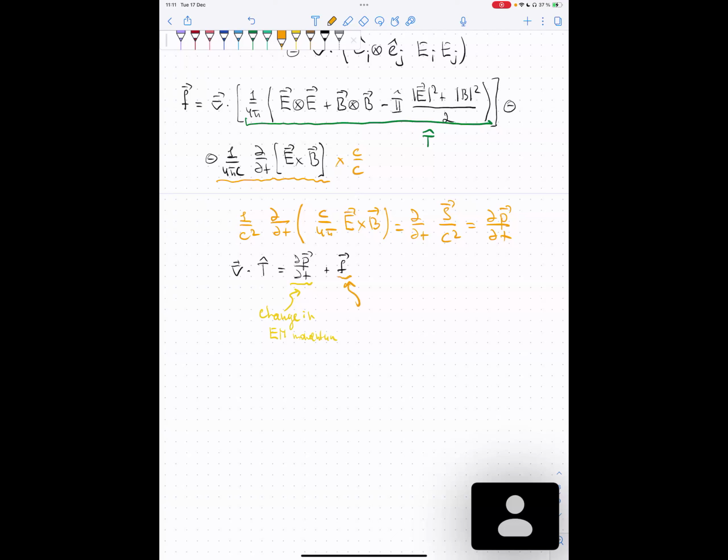This is the force acting on particles, on charged particles. And this is the flux density of electromagnetic momentum.